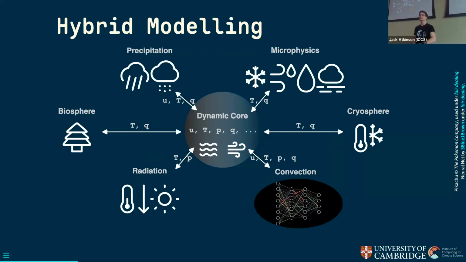We want to retain the numerics, retain the scientific explainability for everything that is working well. But if there's something where we feel we can learn from real-world data, or perhaps we can conduct high-resolution simulations and then learn a subgrid model from those that does capture the behavior, then we want to construct that and replace that single point of weakness or uncertainty within our model.